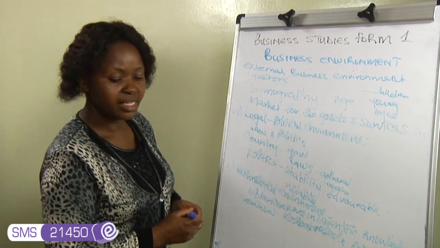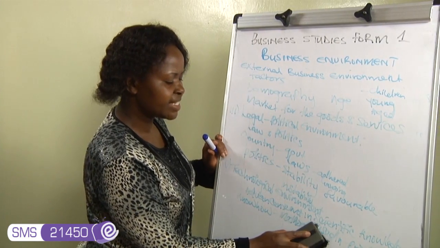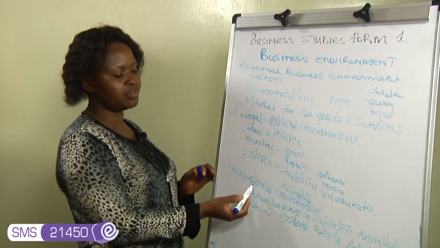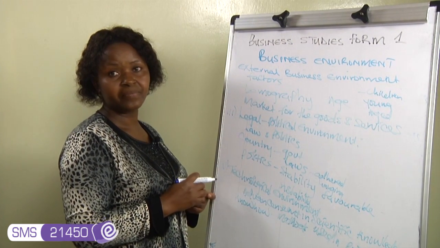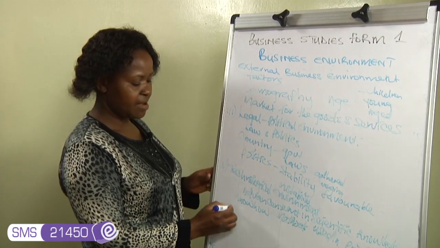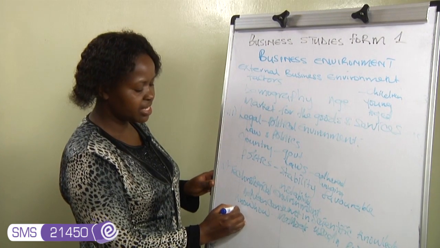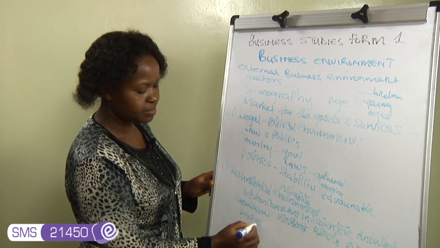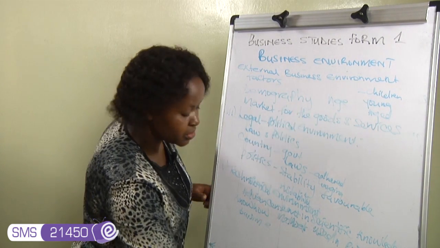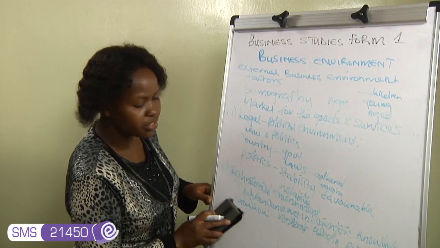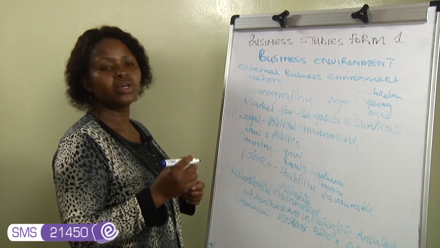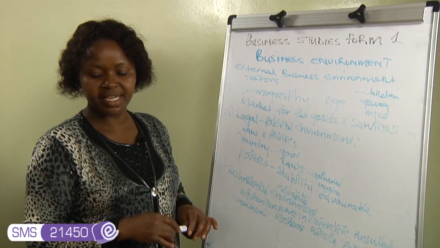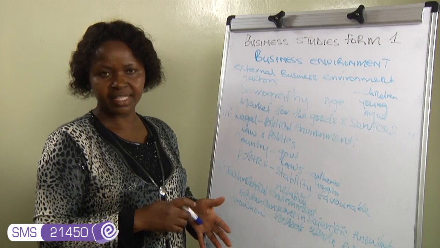And in our businesses today, in our environment today, we are experiencing a lot of changes in technology. For instance, we have had changes in business management in terms of use of computers in our offices. Almost all the businesses are now using computers to carry out many of their activities in the office.